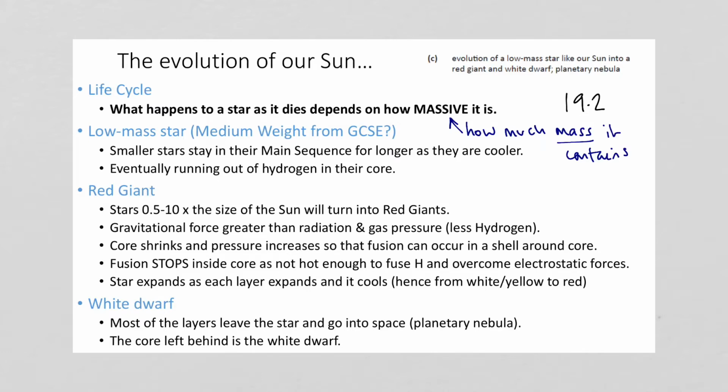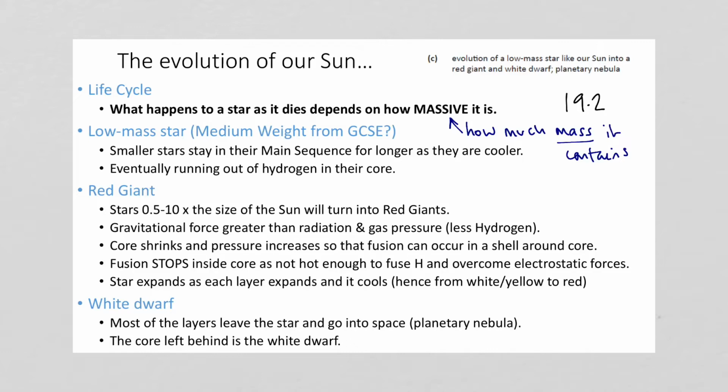So if we start with a low mass star, so note that your specification talks of a low mass star like our Sun, whereas at GCSE we might have called it a medium weight star. Because the core of stars with a lower mass is cooler than that of a more massive star, they do remain on their main sequence, so that's their adult life, if you like, for much longer.